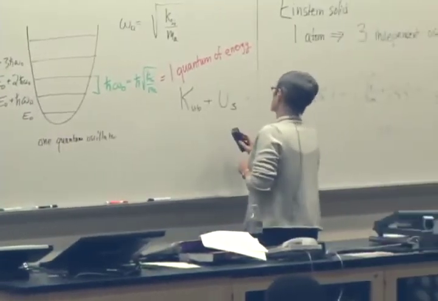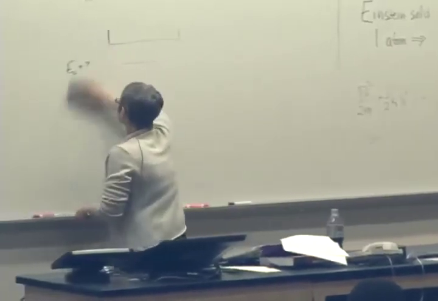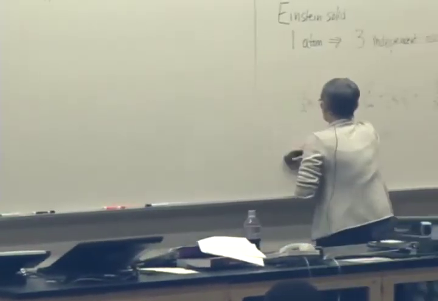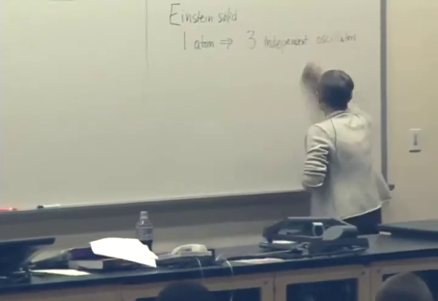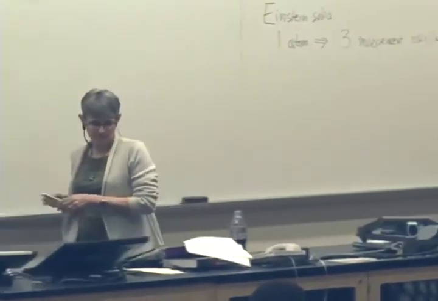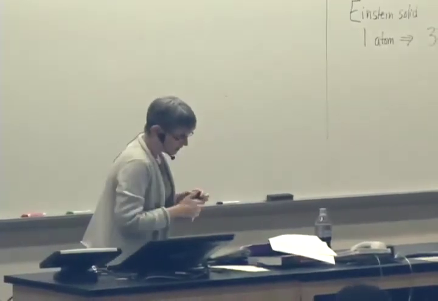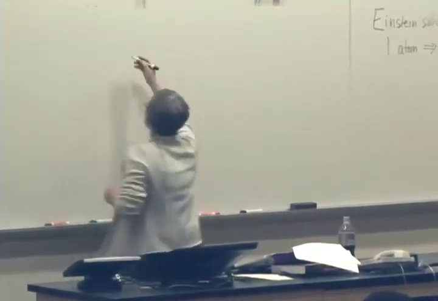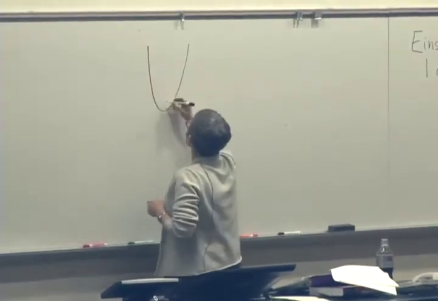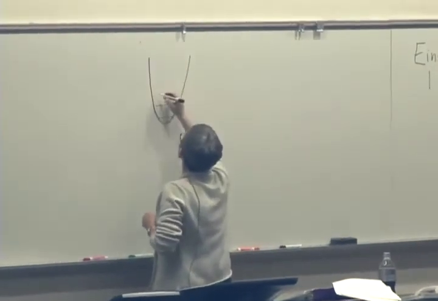in small systems. So let's think about our model of one atom. So here's our one atom, and one atom is 3 oscillators. So here's the first one.